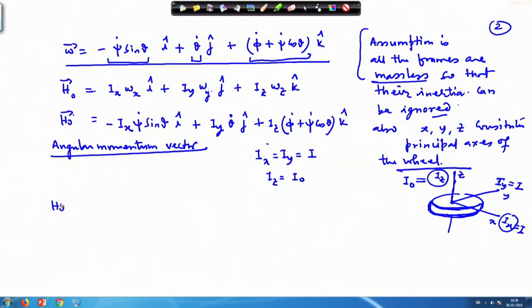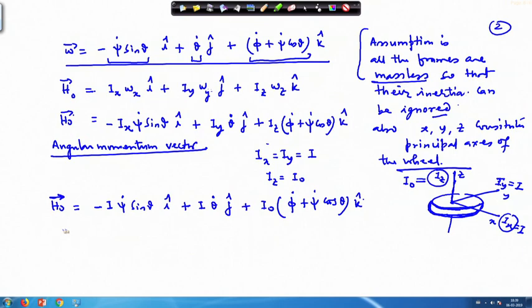In that case your H 0, because the symmetry is there, and we are utilizing that symmetry, becomes I times psi dot minus I times psi dot sin theta i cap plus I times theta dot j cap plus I 0 times phi dot plus psi dot cos theta times k cap. These are all components along the body axis.